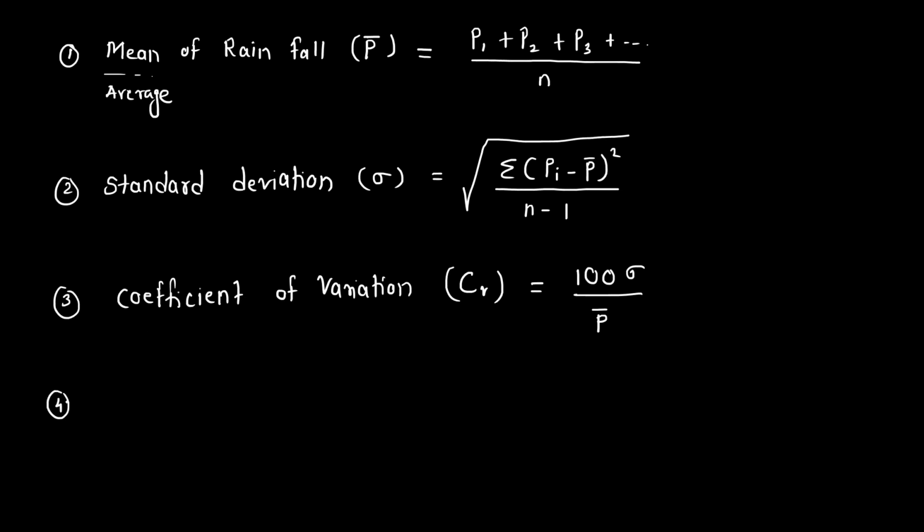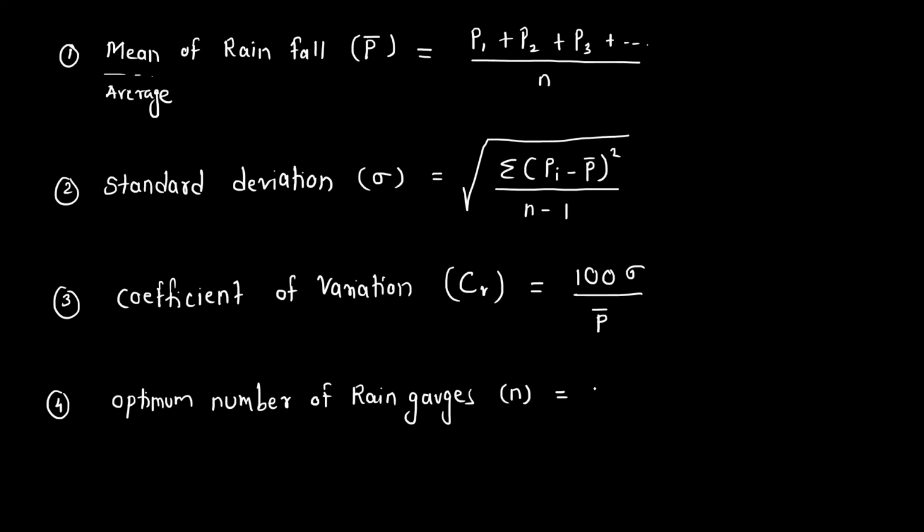Now this last formula is showing us the optimum number of rain gauges. So this value we have to find out, that is the n value.